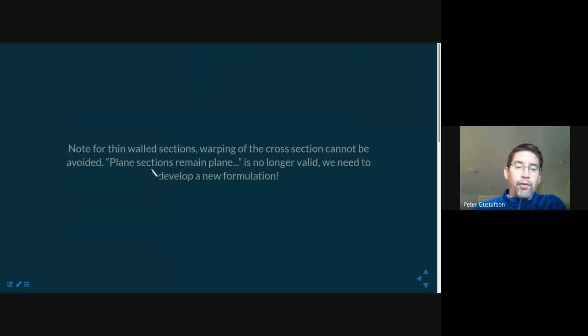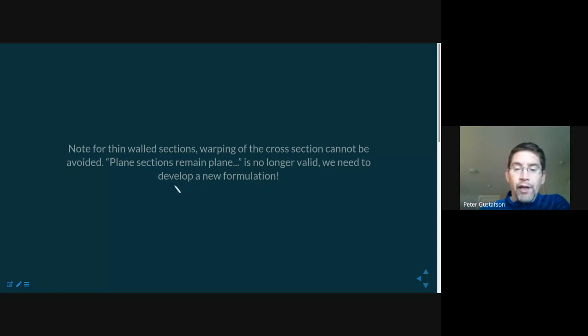Whereas we previously had said plane sections remain plane, we can no longer say that, because this thing is thin and we get too much warping. You could probably even see that if you go to Home Depot and buy one of these and try to bend it, you can physically see a little warping going on. So that's something that we need to be attentive to.